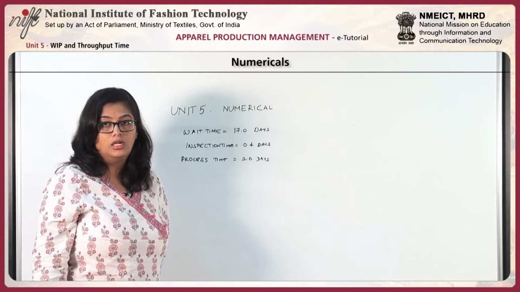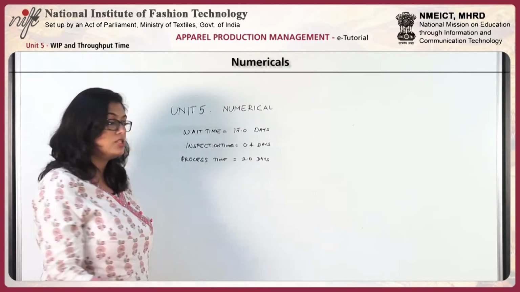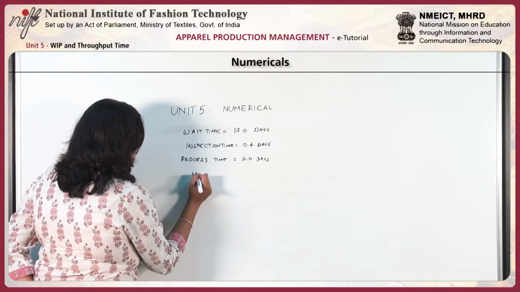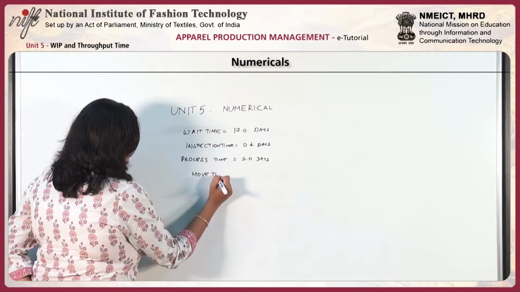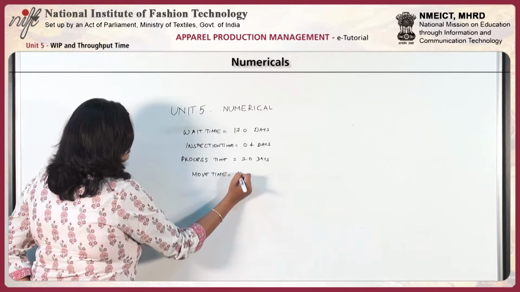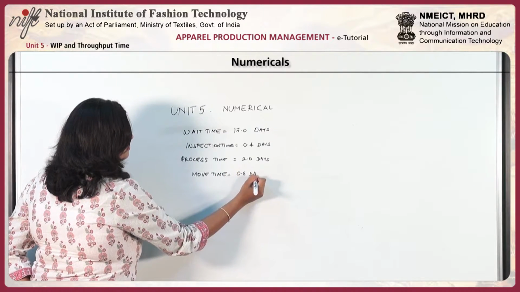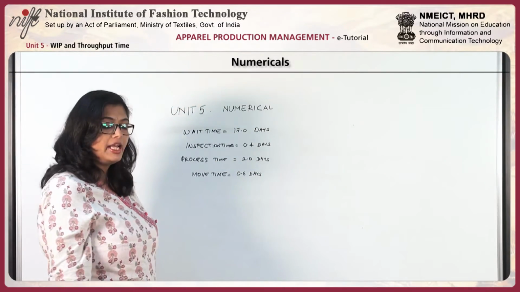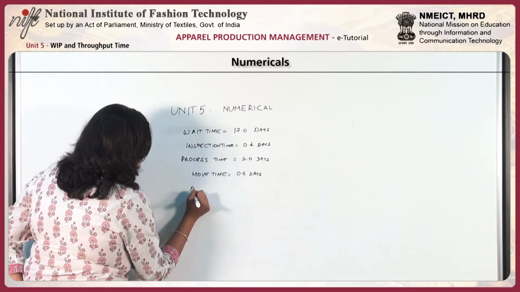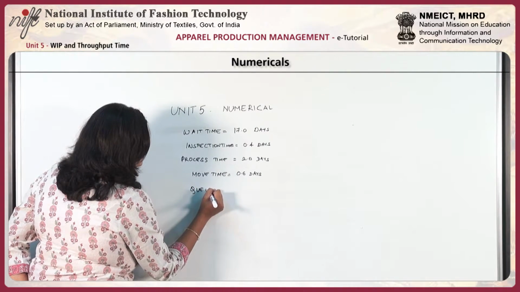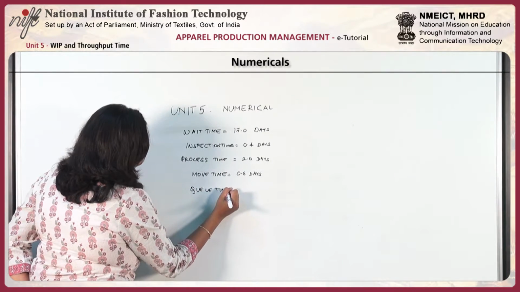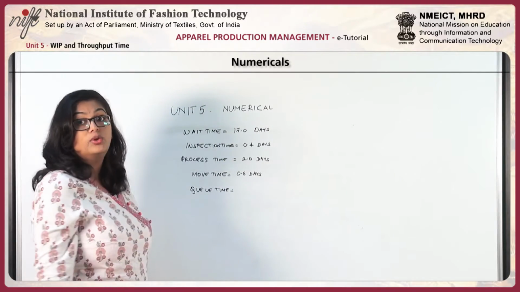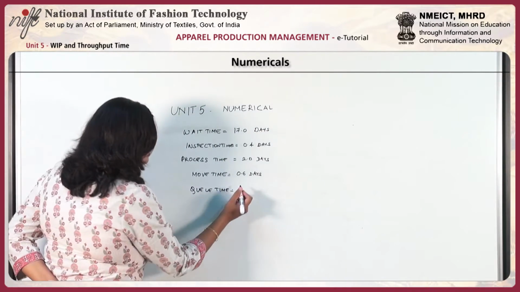The move time taken for this order is 0.6 days. The queue time for this order is 5 days.